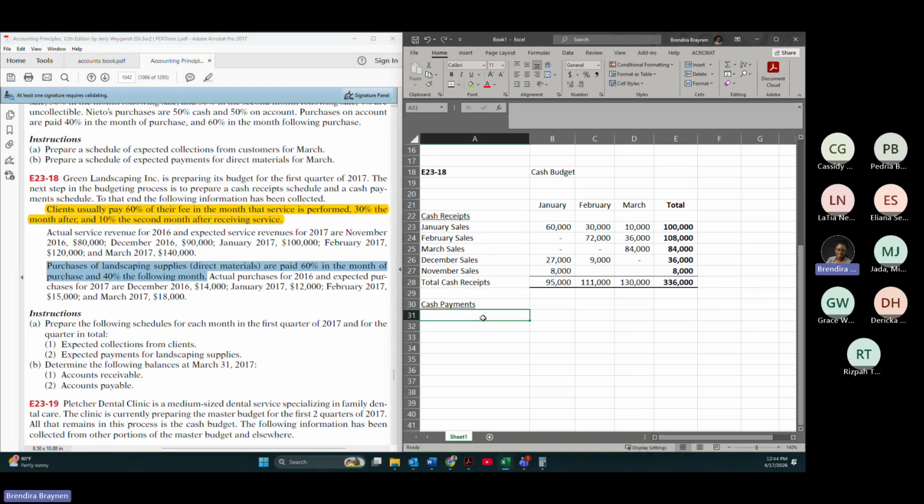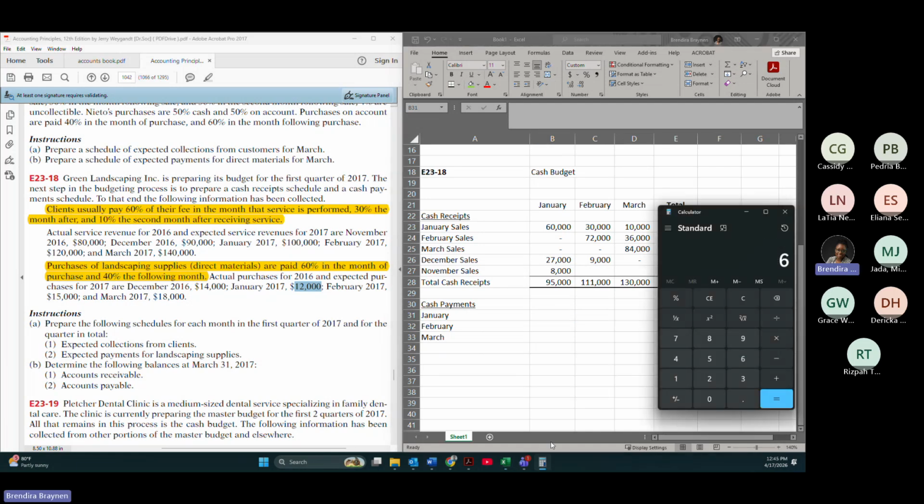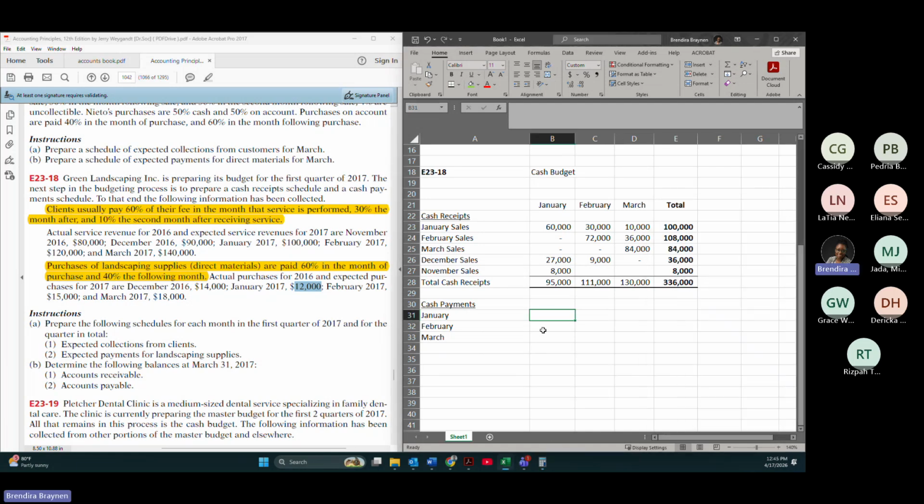January, February, March. I'm going to start with them. They say 60% in the month of the purchase, 40% in the following month. In January, I purchased 12,000. So 60% of that 12,000, I'm going to pay for in the same month, January. So 60% of 12 is 7.2, so 7,200 of January is going to be paid for in January.